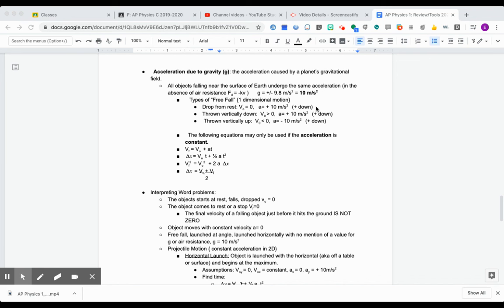Then as it moves up, it's going to begin to slow down. If you remember, direction of acceleration and direction of velocity matter here. It's going to slow down until it reaches maximum height, where it'll have a velocity of 0, and then it'll speed up as it moves towards the ground.